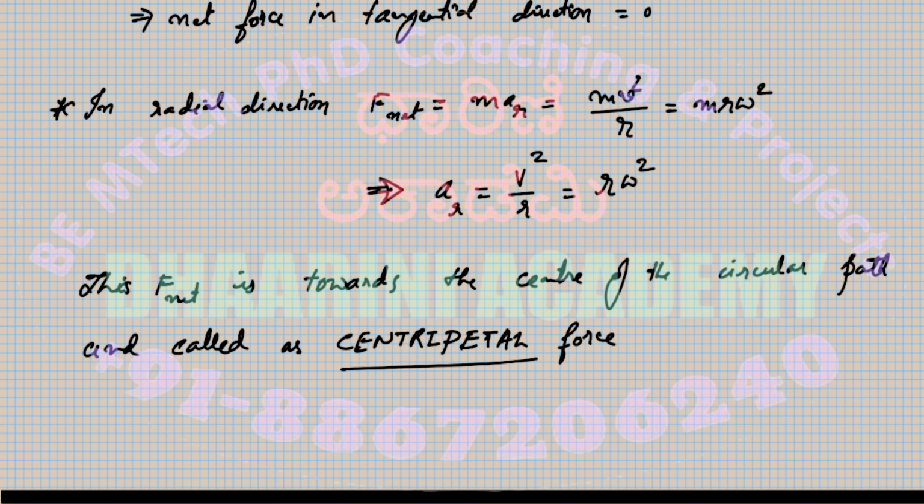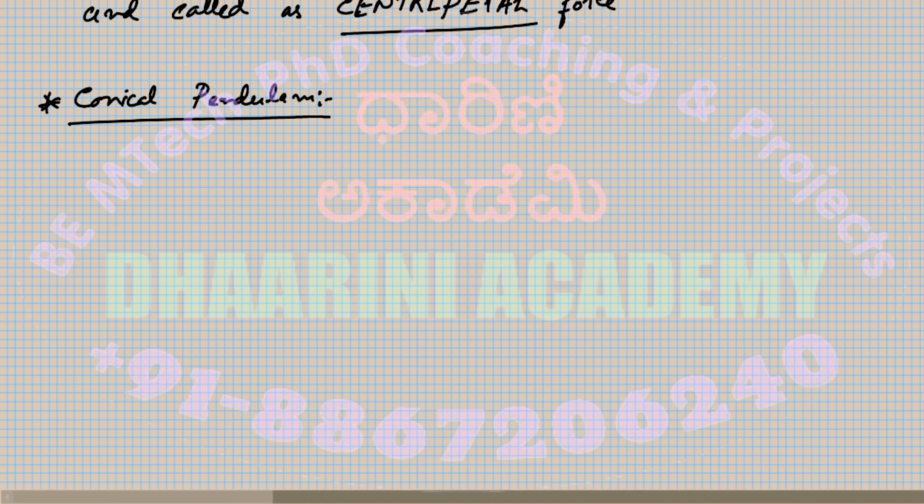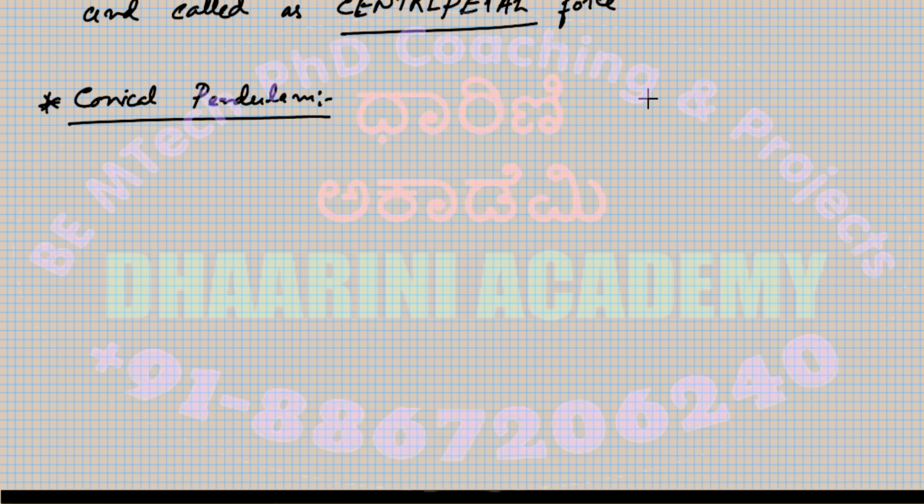One very common problem that we see is related to this, and we'll look at the cases one after the other. So the first case is the conical pendulum. In case of a conical pendulum, let's try to draw a simple diagram explaining the concepts.